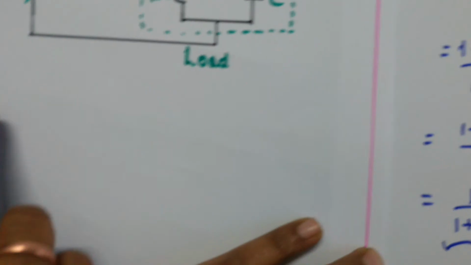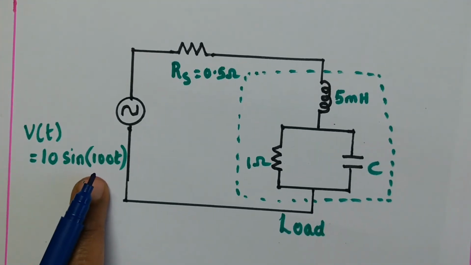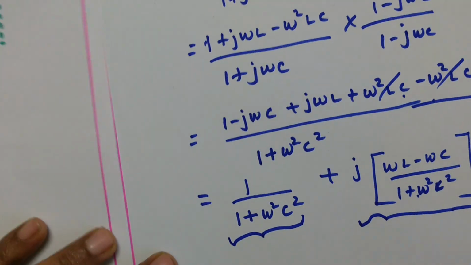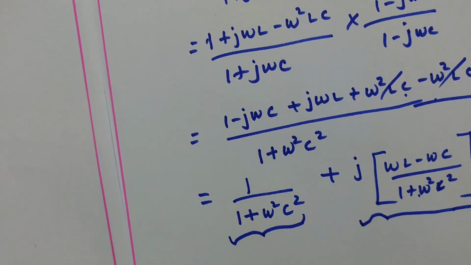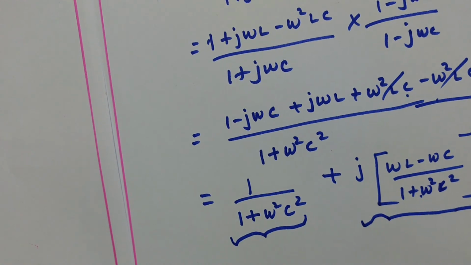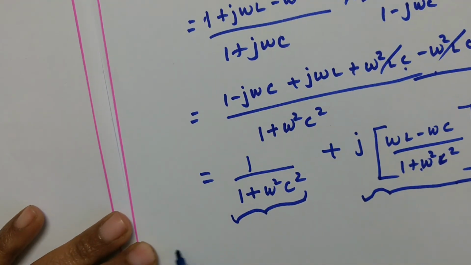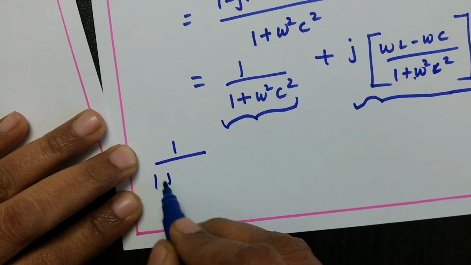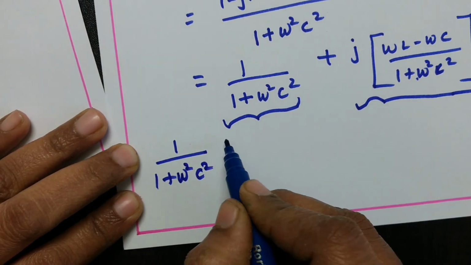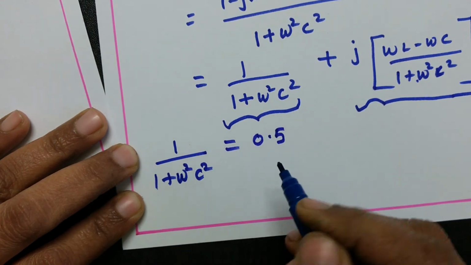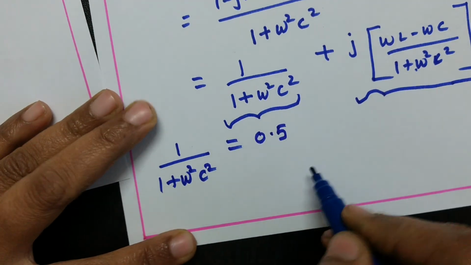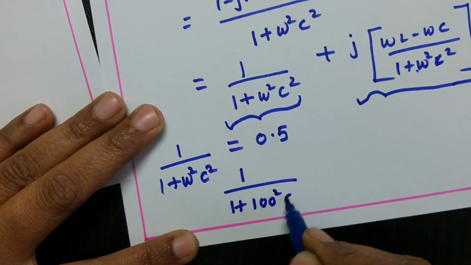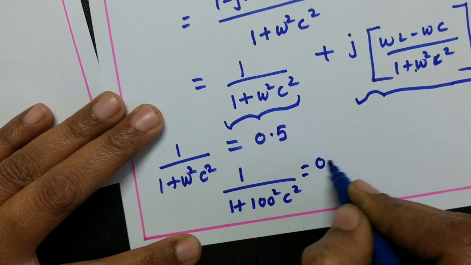Okay, so here what is the omega? Frequency is given, omega equal to 100. So we can substitute the 100 value and find out the C value. So let me solve the problem. Here the real part of load impedance 1 by 1 plus omega square C square should be equated to 0.5 ohms. So 1 by 1 plus 100 square C square equal to 0.5.